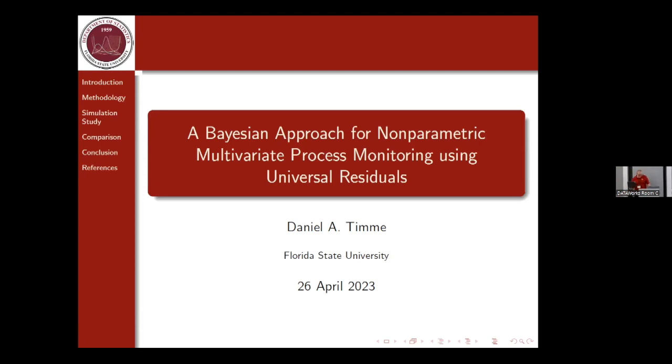I have a timer right here too. Hold on. All right, so good afternoon, everyone. My name is Daniel Timme. Today I'll be talking about a Bayesian approach we came up with for non-parametric multivariate process monitoring, where we use universal residuals. This is not liking me now.